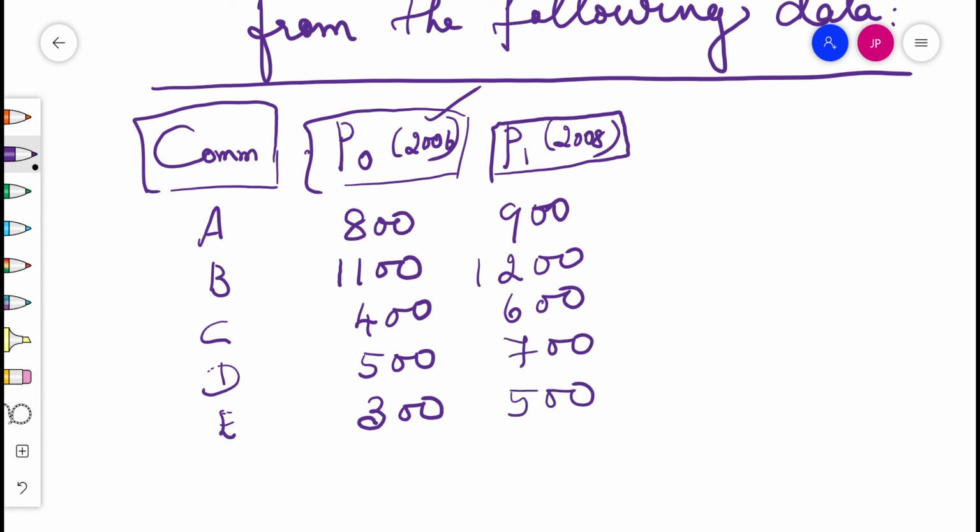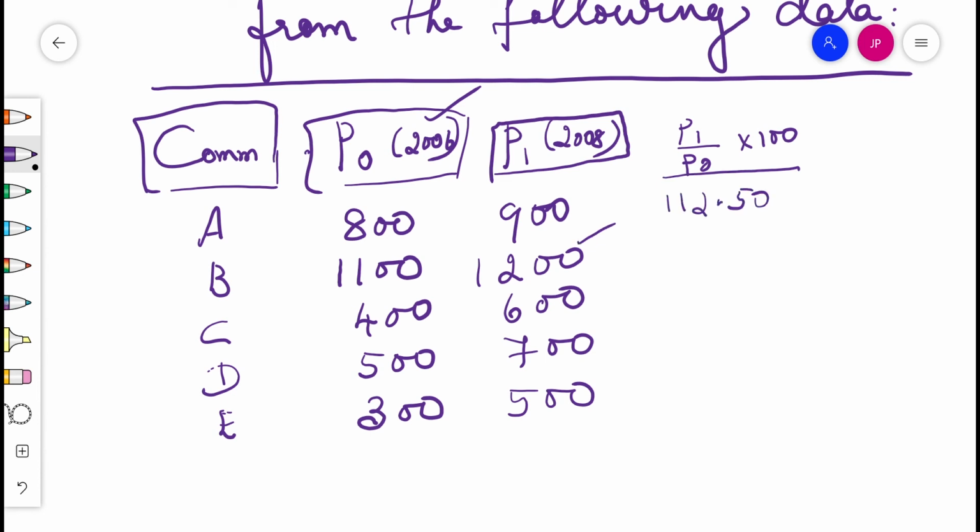From this data we have to calculate the price index number. Weights are not assigned, so unweighted. Using the formula, price relative method, average of price relative method. The next column we calculate P1 by P0 into 100, price relative. So P1 is 900 by 800 into 100, isn't it? The answer is 112.50. Do the calculation correctly.